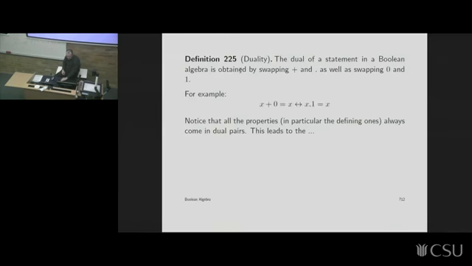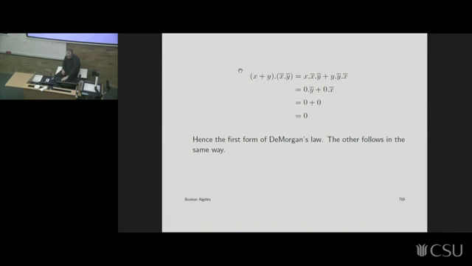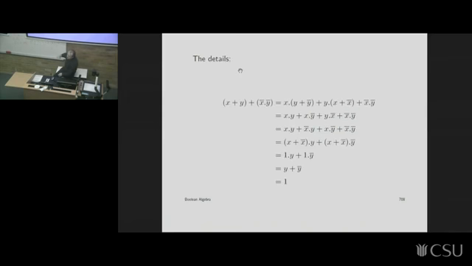So if you look at some of these proofs, like that proof there, for example, in order to prove the dual result of De Morgan, so the other version of De Morgan's law, I could take the dual of every single line and it'll prove my other result for me. Which I'm not going to bother writing down, but that shows you that if you can prove one result to be true, then the dual result will automatically be true as well.